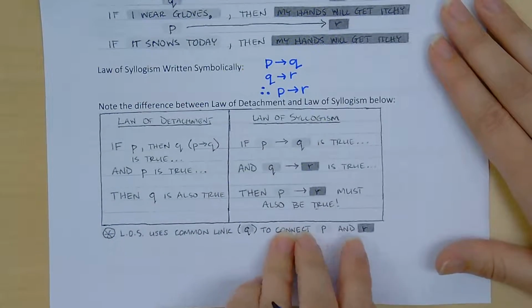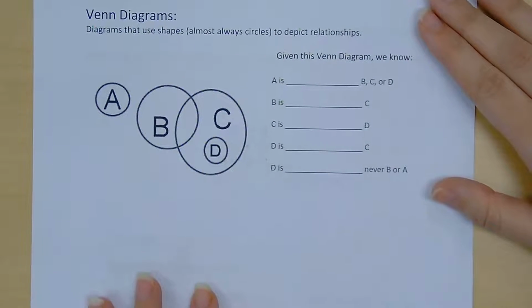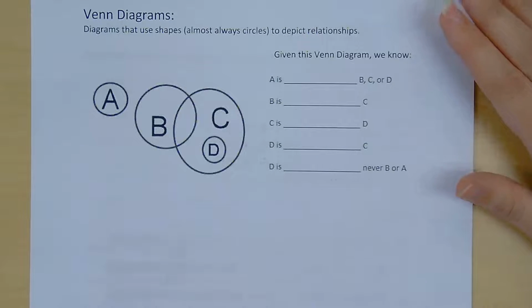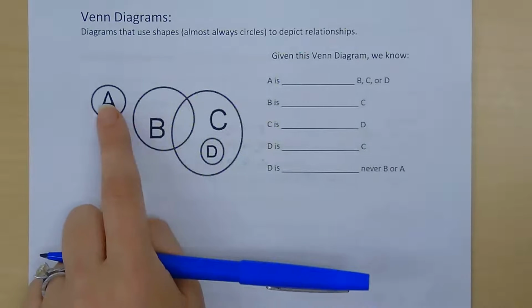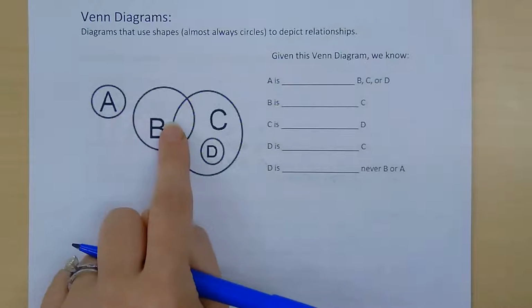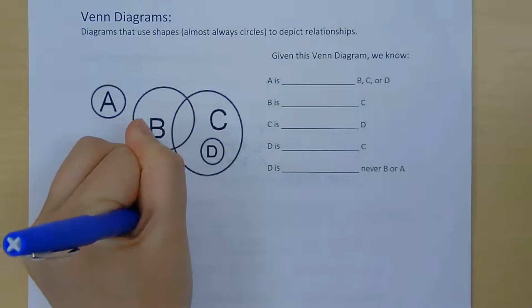All right. And the last thing we're going to look at is Venn diagrams. Venn diagrams use a shape, which are almost always circles, to depict relationships. So if our circles never overlap, that means that they're never going to relate.